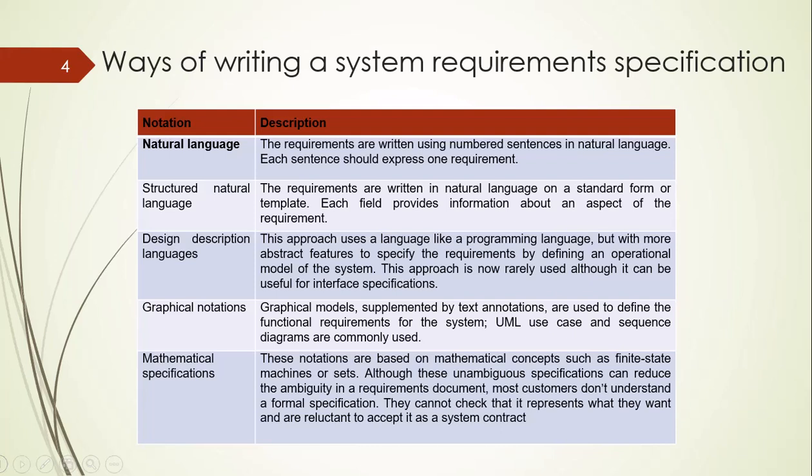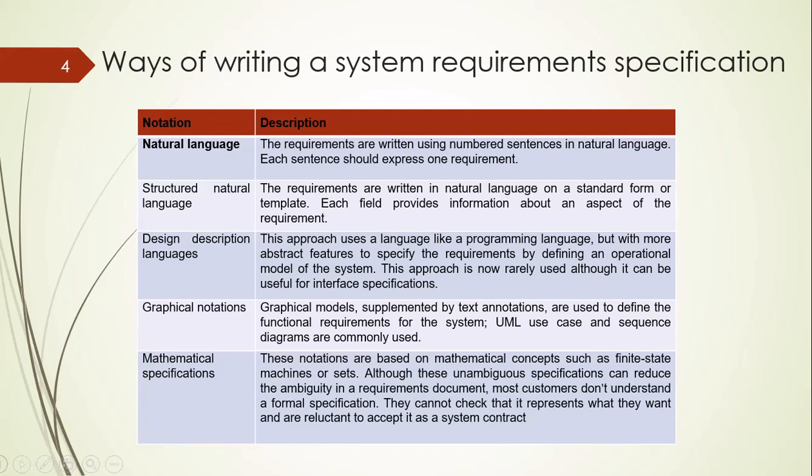Here the requirements are written in natural language on a standard form or template, which means we follow the standard format. Each field provides information about an aspect of the requirement.